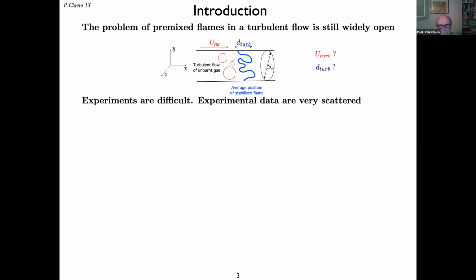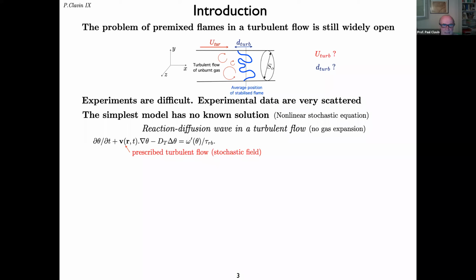The situation is very difficult because the experiments are difficult and the experimental data are very scattered. So there is no real theory for that. For example, if you consider the simplest mathematical model, which is written here, if you suppress this term, you have the flame problem with a Lewis number equal to unity.